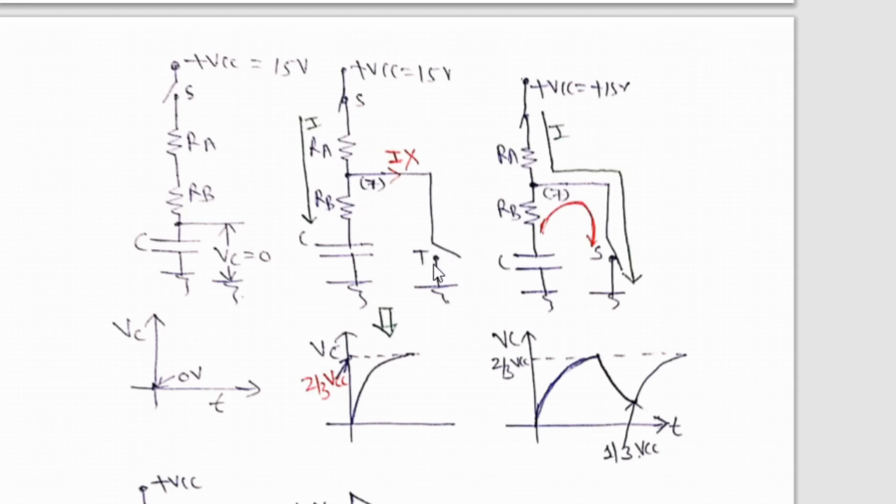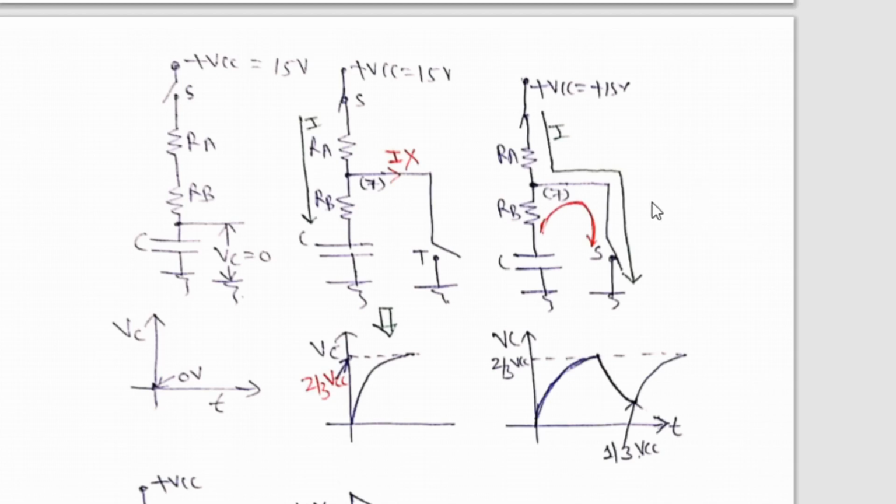Now when the capacitor gets charged just above 2/3 Vcc, 2/3 Vcc means 10 volt, the output of the comparator changes and the output of the flip-flop also changes. So flip-flop output Q becomes 0 and Q bar becomes 1.